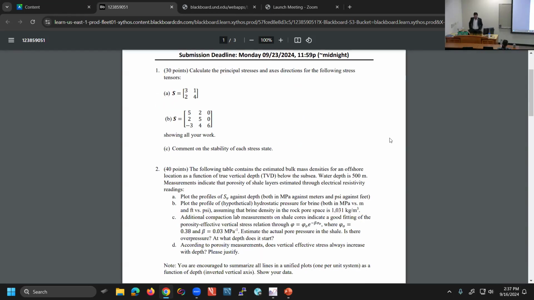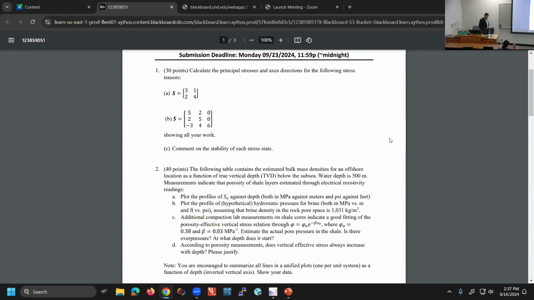The following table contains the estimated bulk mass densities for an offshore location as a function of true vertical depth below the sea, I should say. Water depth is 500 meters.